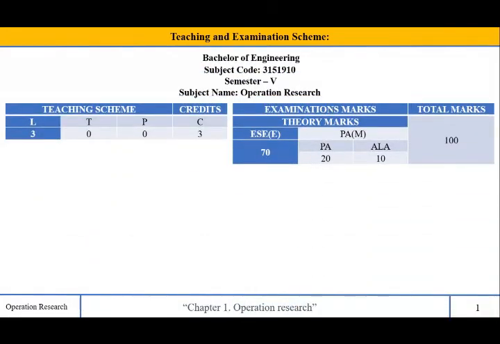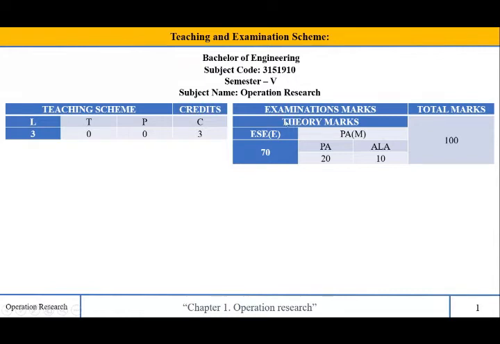As we say, the subject code is 3151910, included in 5th semester for the mechanical department. It is also in the electrical department, but as an elective subject. As per the teaching scheme, there will be 3 lectures, 0 tutorial, 0 practical, and the total credit will be 3.